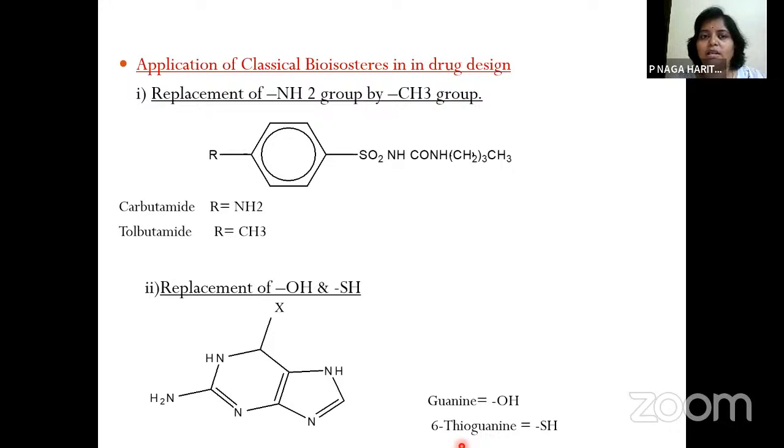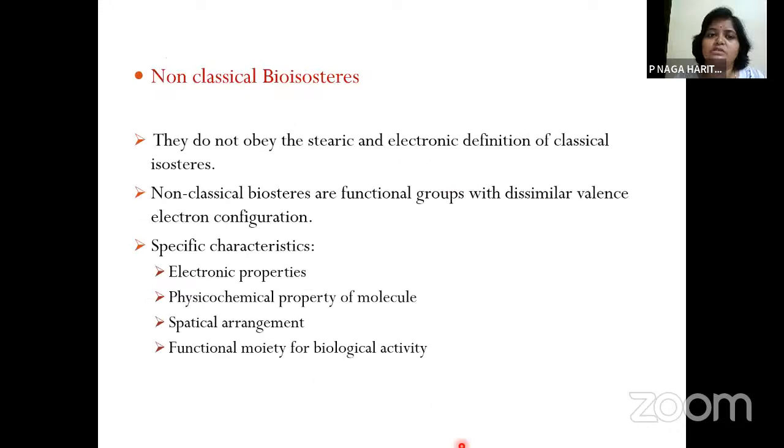And then non-classical bioisosteres. Non-classical bioisosteres do not have the same valency electron configuration, and these have specific characteristics like electronic properties, physicochemical properties of the molecules, spatial arrangement of the molecules, and even the functional moiety for the biological activity.